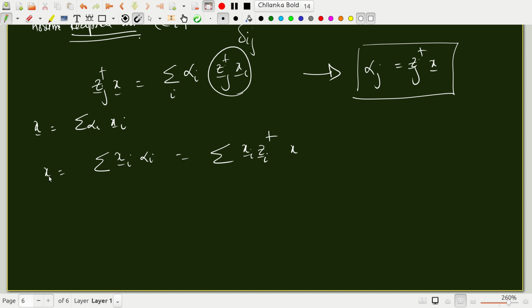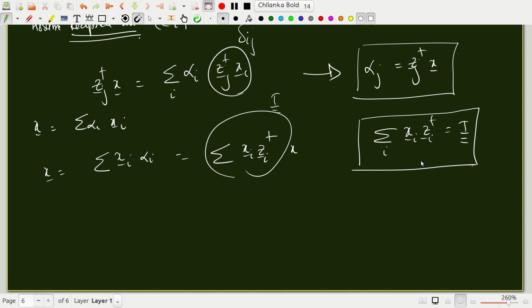So if x is something times x, this something is identity. So the summation over i of xi zi dagger is identity. This is the resolution of identity using the reciprocal basis.